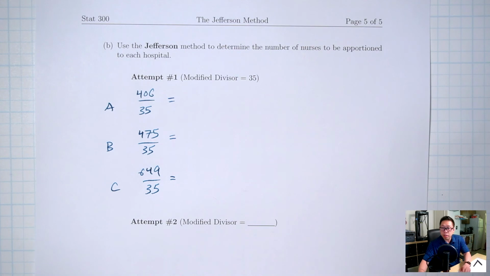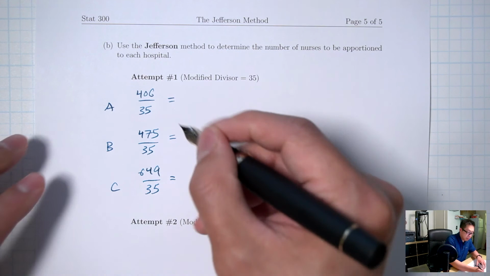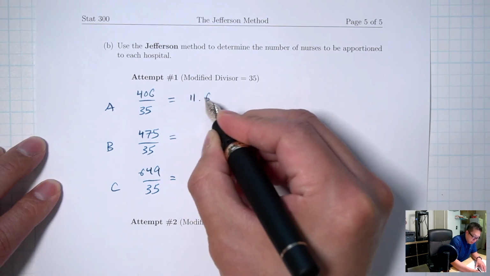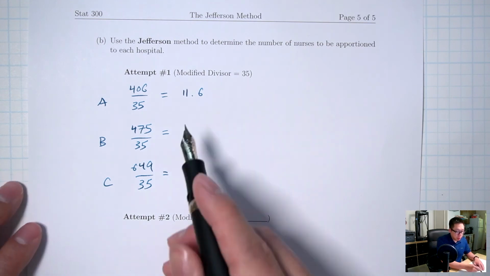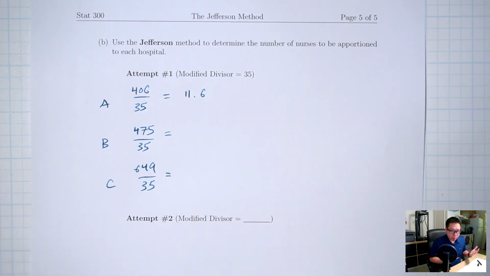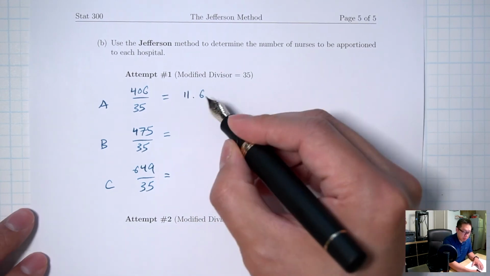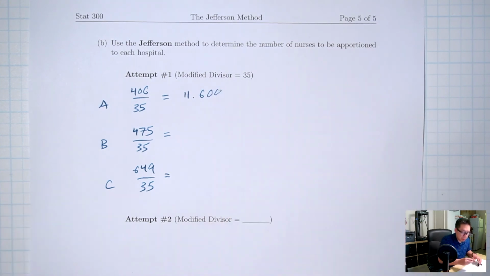Right, on our calculator, 406 divided by 35 is 11.6. We're rounding to 3 decimal places, so if you end up with a number that doesn't have a long decimal, just add on zeros until you get 3.